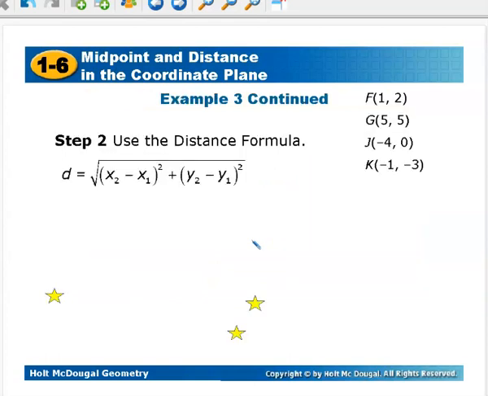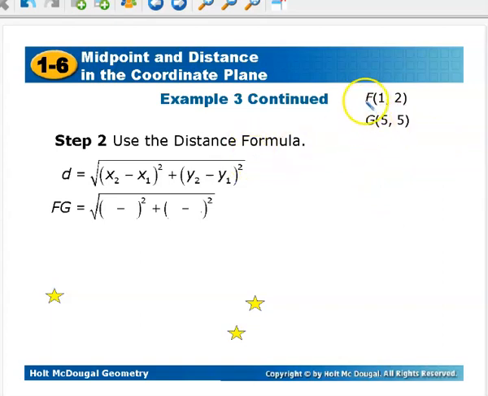So let's go back and do that. So distance formula, here's all those coordinates that we found. If I want to find FG, I'm not going to pay attention to the other ones. That's why I eliminate them. And remember, x is first, y is second. All I need to do now is substitute my values.